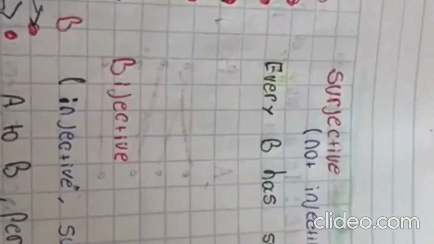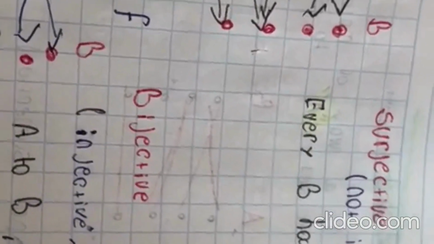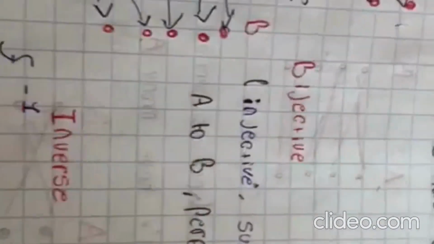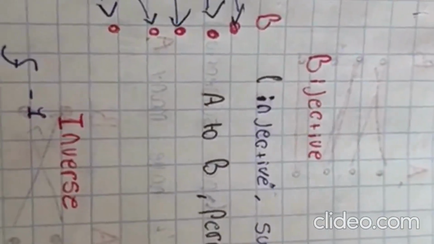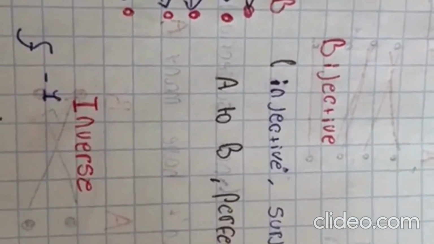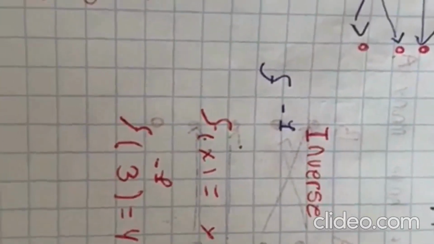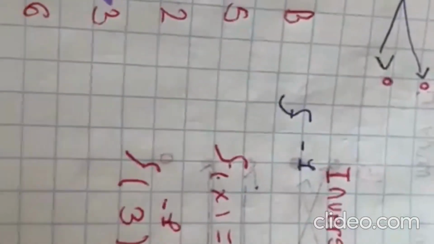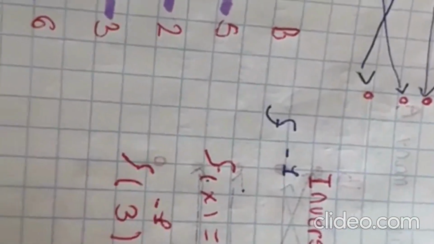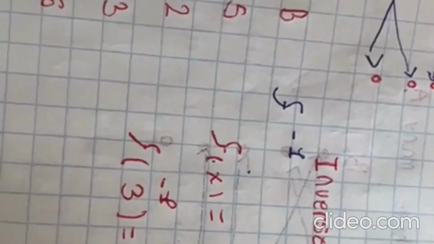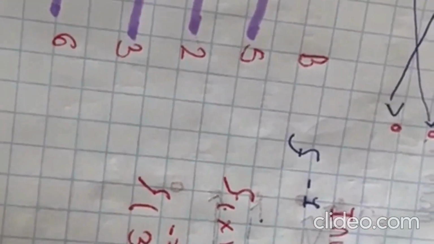The surjective is where every B has some A. The bijective is where A and B are perfectly matching. And the inverse function exists only if the second set shares and matches the elements of the first set.